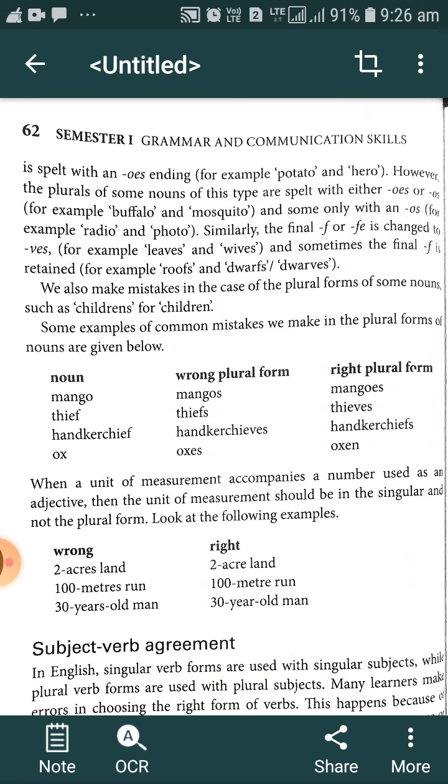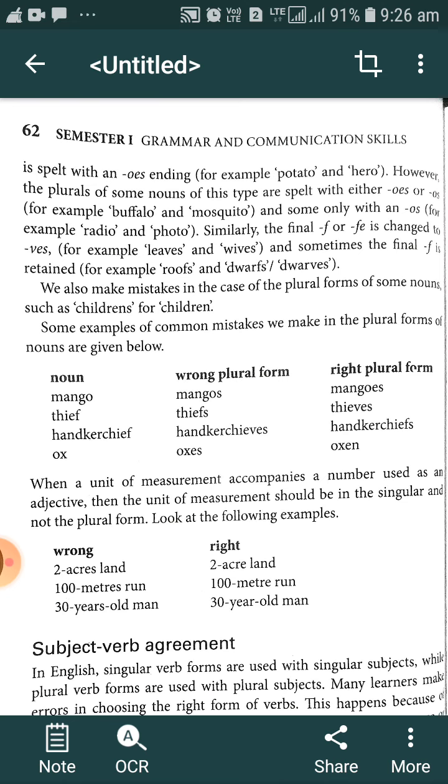When this is the unit of measurement, there is no need to add a suffix or make plural of that noun. What is right then? 2 acre land. There is no need to add s suffix to acre. 100-meter run. There is no need to add s after meter. 30-year-old man. There is no need to add s suffix after year.